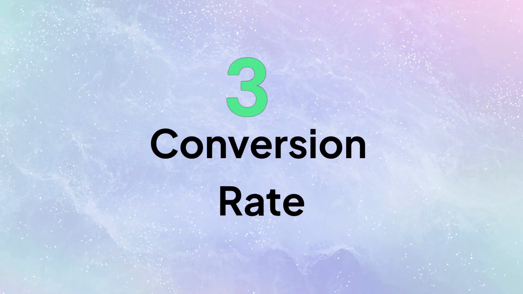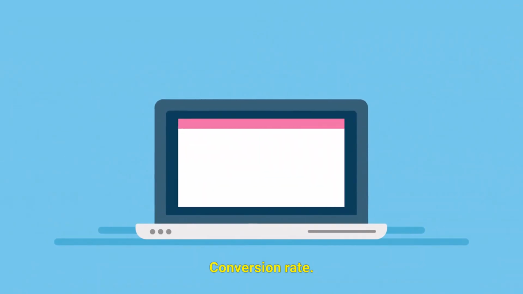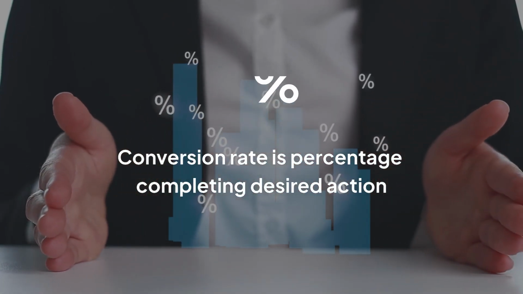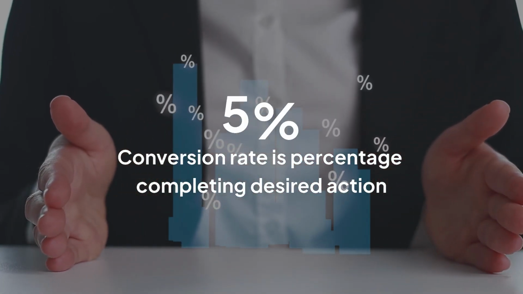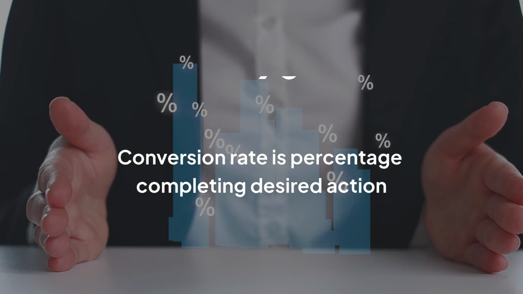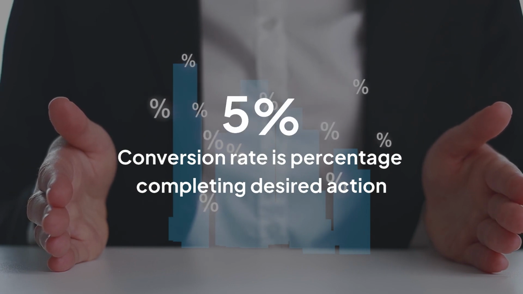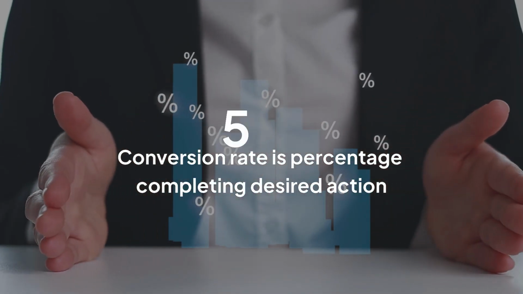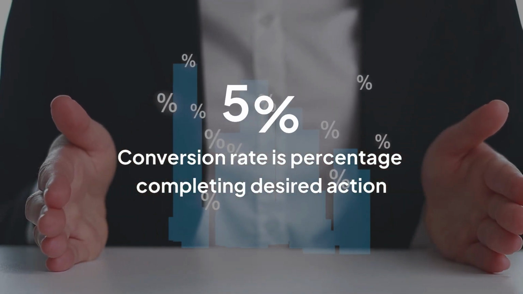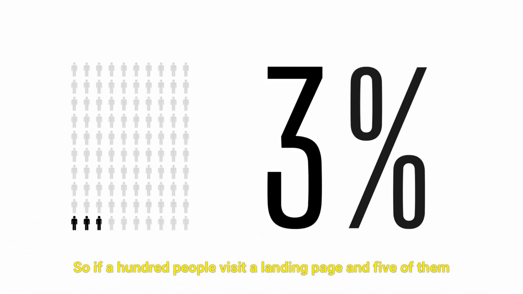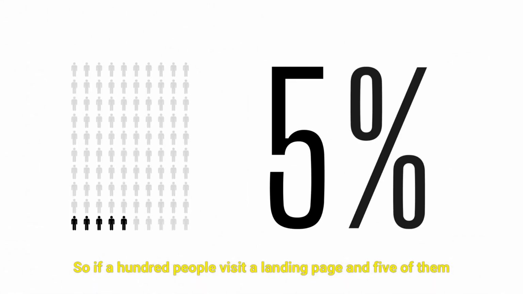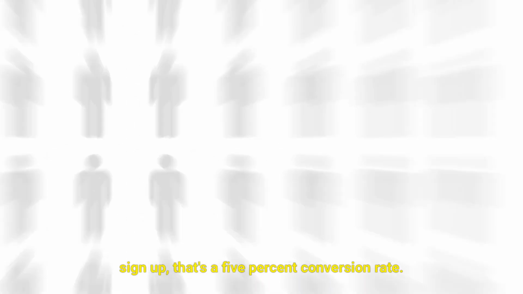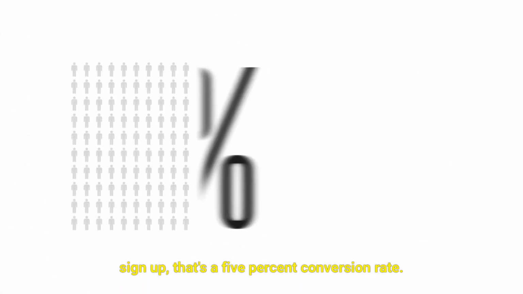Number 3, conversion rate. The conversion rate is the percentage of people who actually complete that desired action you indicated as a CTA, compared to the total number of people who visited or interacted with it. So, if 100 people visit a landing page and 5 of them sign up, that's a 5% conversion rate.